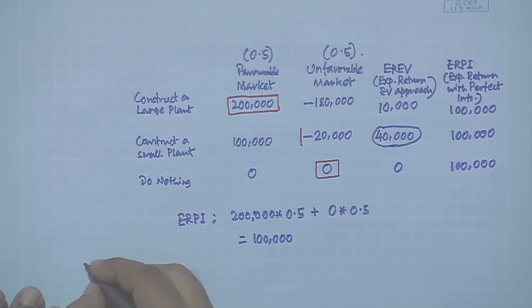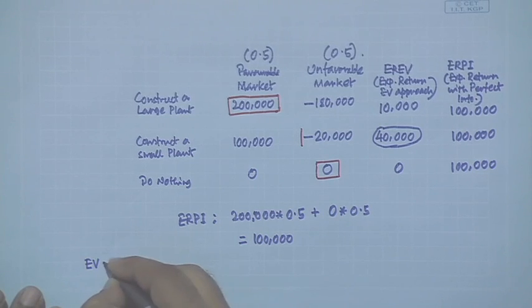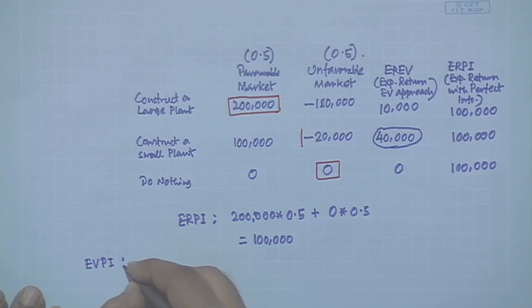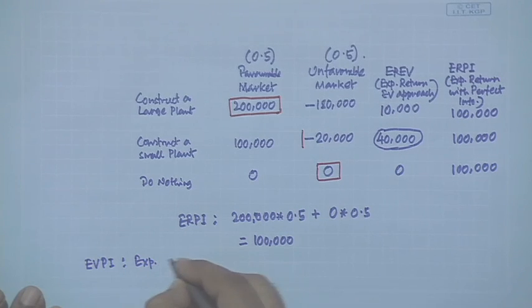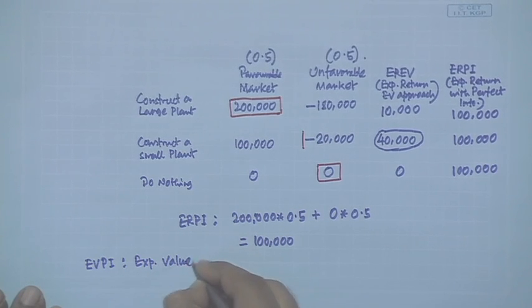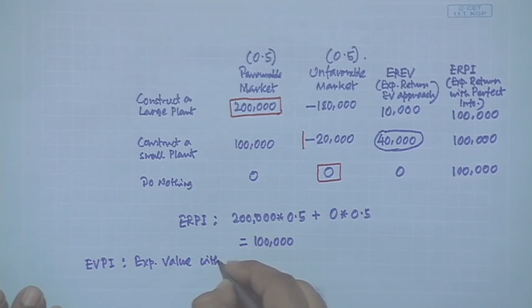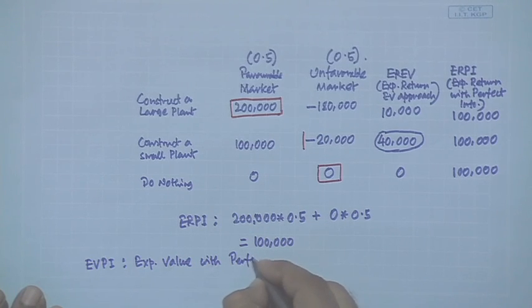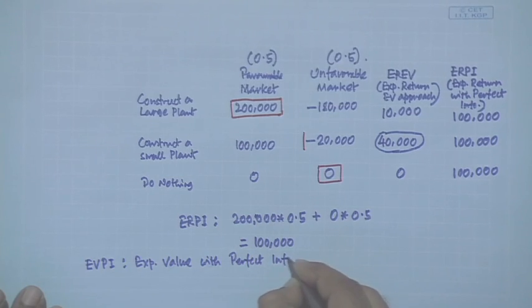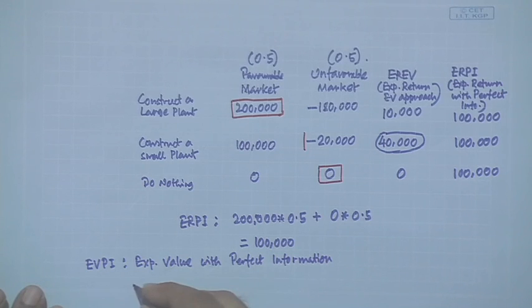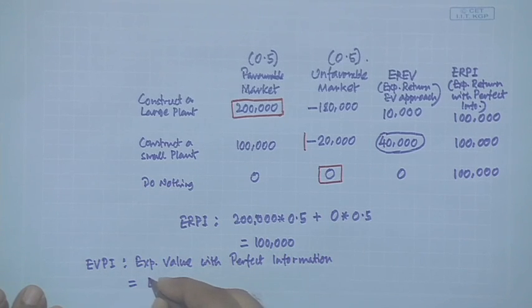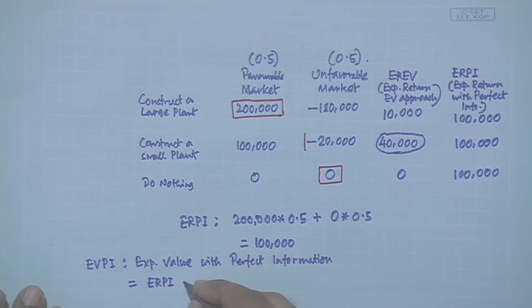So, this actually gives us the calculation of what is known as EVPI, that is expected value of perfect information, and that would be our ERPI, expected return with perfect information, minus expected return with expected value.